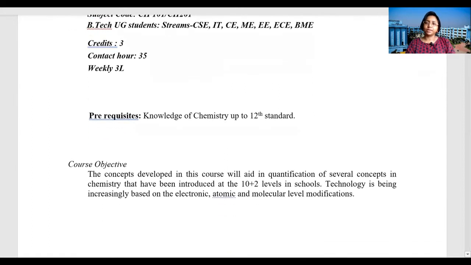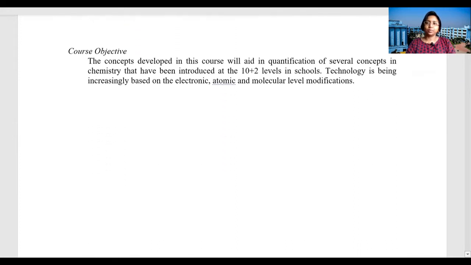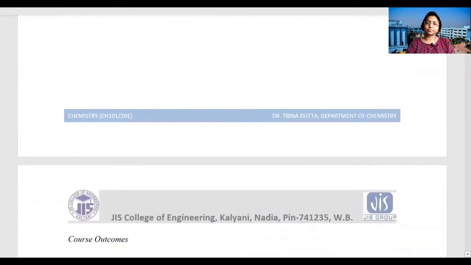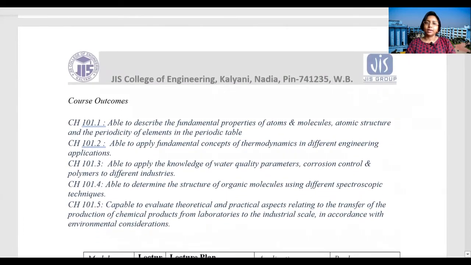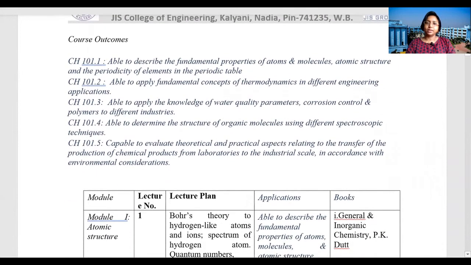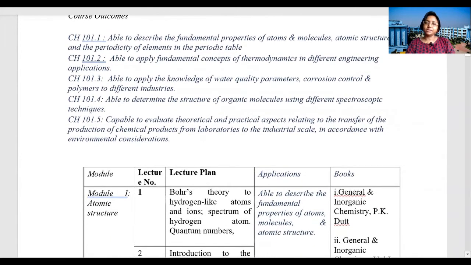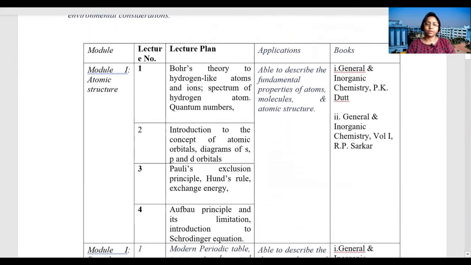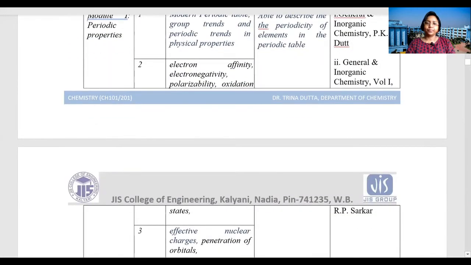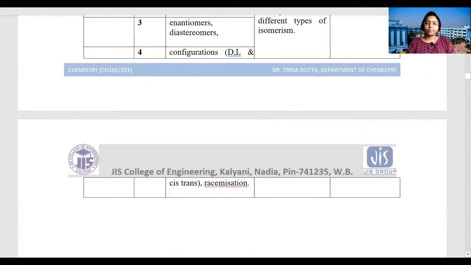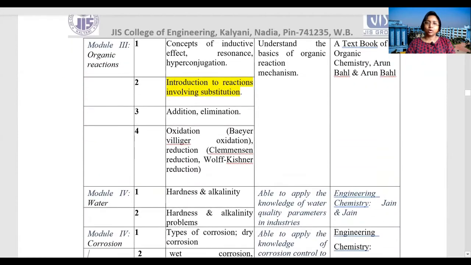The course objective is that you will learn the different concepts of chemistry. The lesson plan is given here, which tells which topics each lecture will cover. Today I am telling about organic reactions, that is module 3, which you can see is already highlighted.